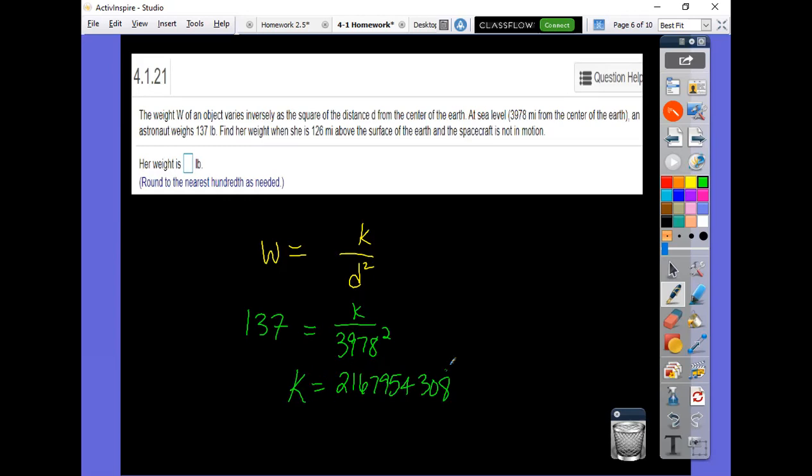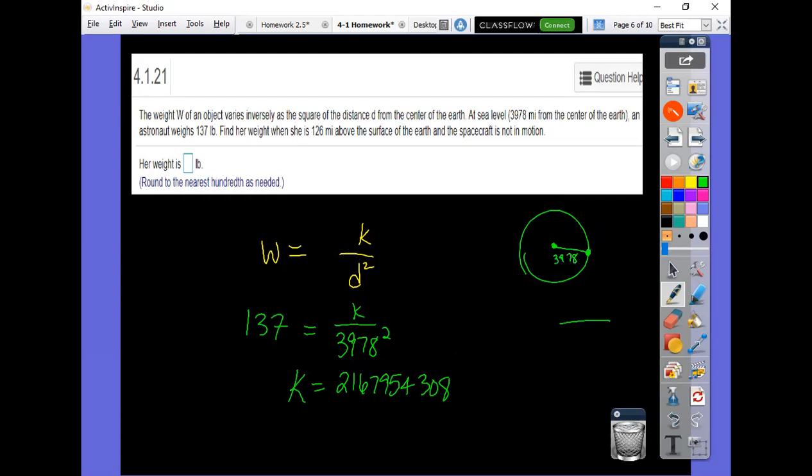Then they go on to say the second part of the question, find her weight when she is 126 miles above the surface. So 126 miles above the surface of the earth at sea level, they're 3978. So like from here to sea level, that's 3978.